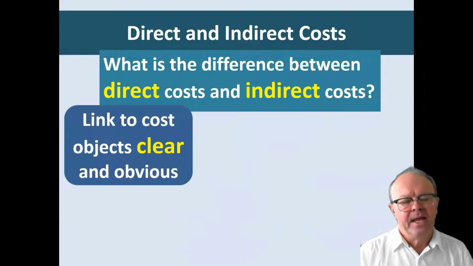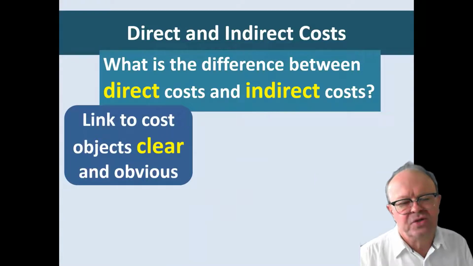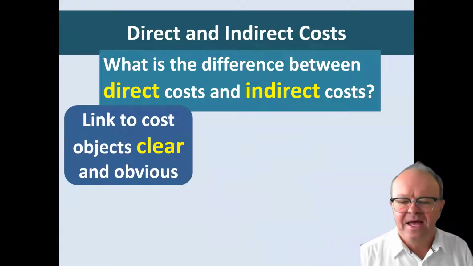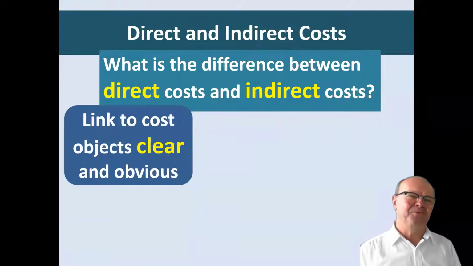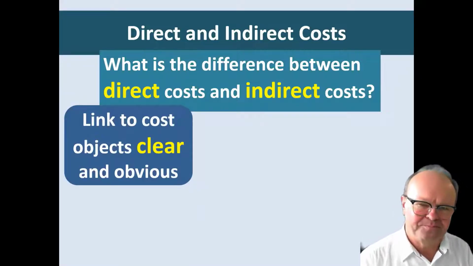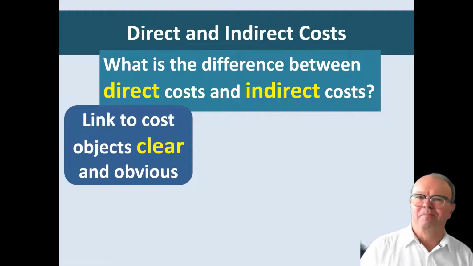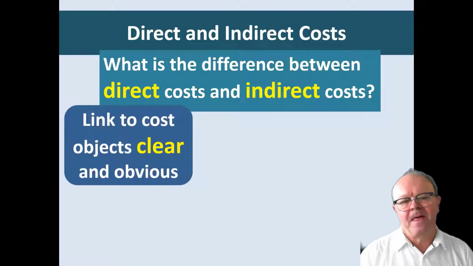Well, for direct costs, the link of the costs to the cost objects is clear and obvious. You can think of them as Bart Simpson costs. Bart Simpson would know, everybody would know that that is a cost of that product. So you might be a shop and you might have just bought 10 iPhones.